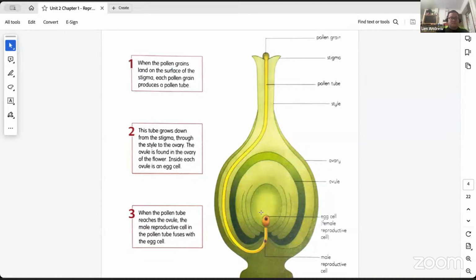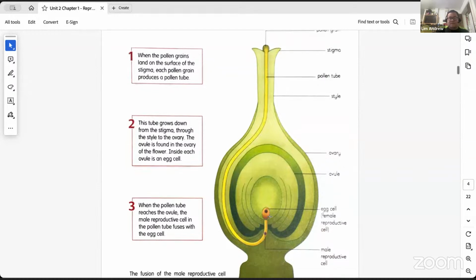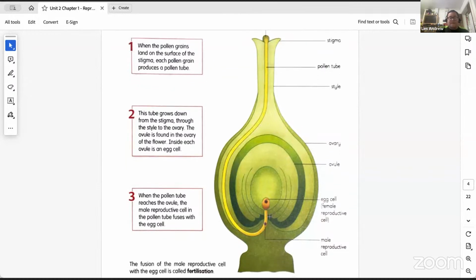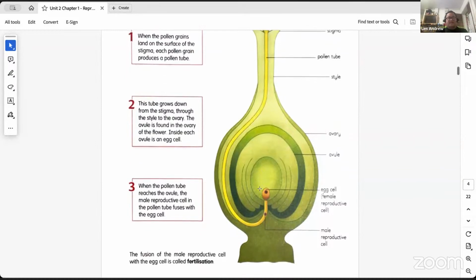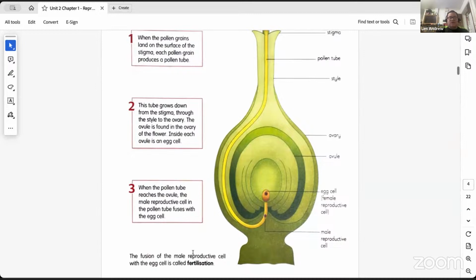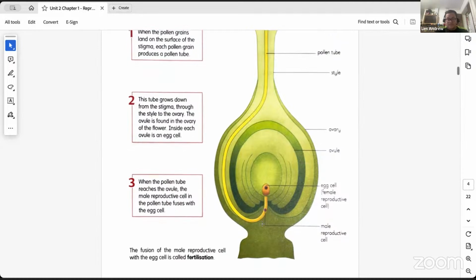When the pollen tube reaches the ovule, the male reproductive cells in the pollen tube fuse with the egg cells. So once this long tube has grown and reached the egg cells, the male reproductive cells will fuse together with the female cells to form the seeds or the fruits. This fusion of male reproductive cells with the egg is known as fertilization.